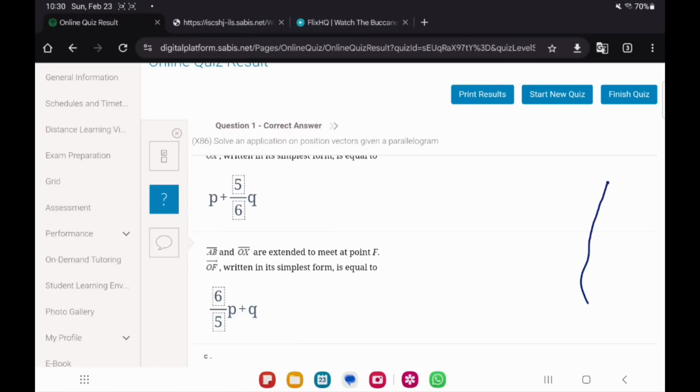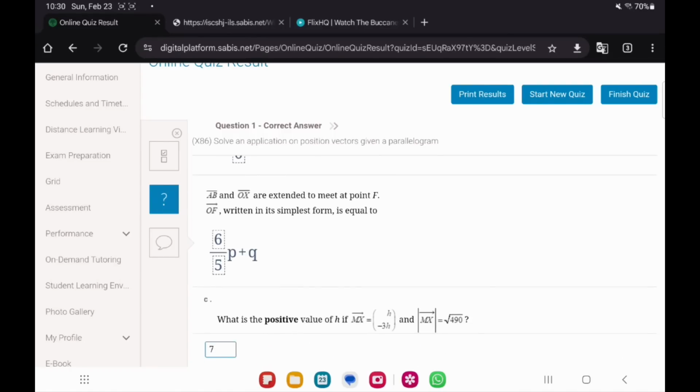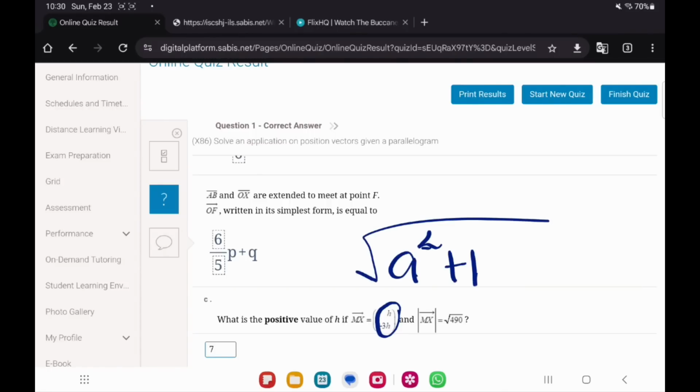So now going to the last part of this question. What's the positive value of H? Okay, this one's pretty simple. We're supposed to know that whatever values are in here, using the Pythagoras theorem, for example a squared plus b squared, the first value is going to be a, the second value is going to be b, so this is a to b, is like this number here.